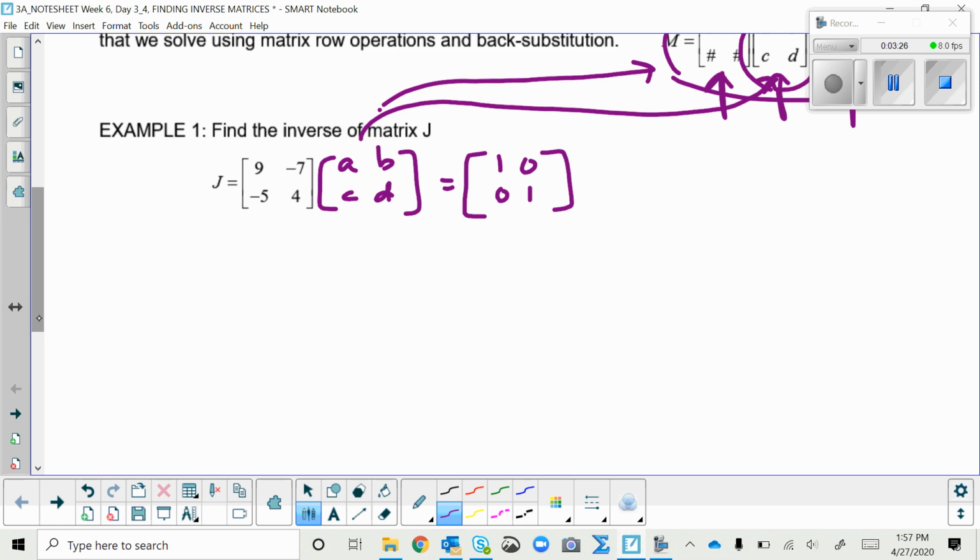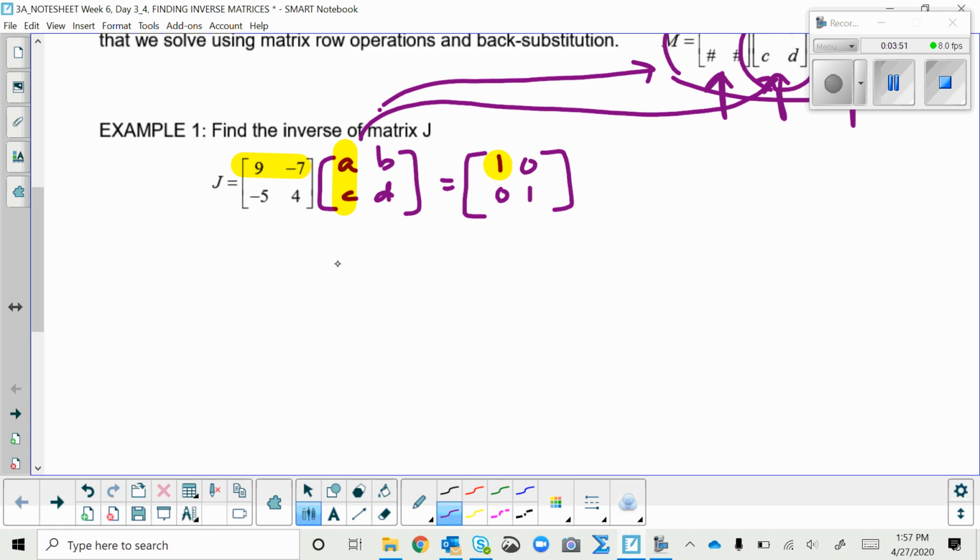For example, we know that when we multiply matrices, to figure out the value here in row 1, column 1, we multiply row 1 by column 1 here. And when we multiply row by column, we multiply the first positions together.